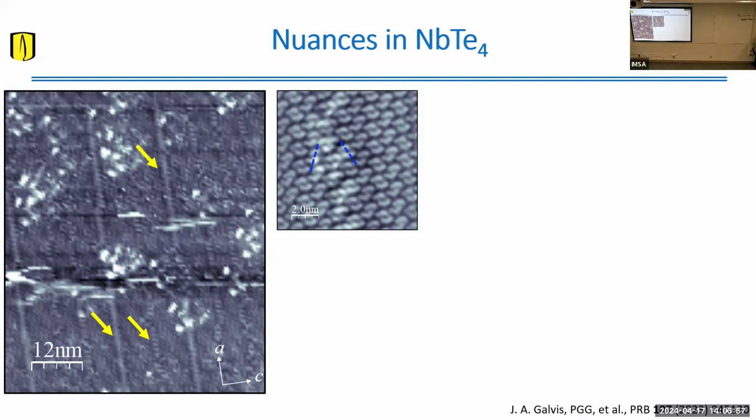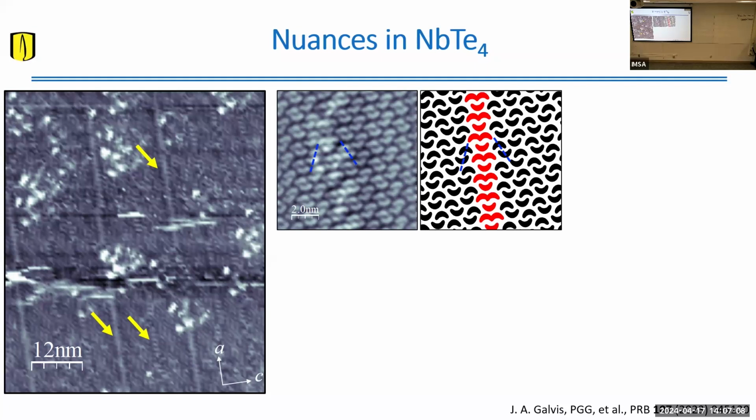And we were able to understand these domain walls through phase slip regions of the charge density wave. Meaning, for example, this is a zoom to some region that has a domain, and you see that there is a change in the orientation of these peanuts that you have here, these cashews.